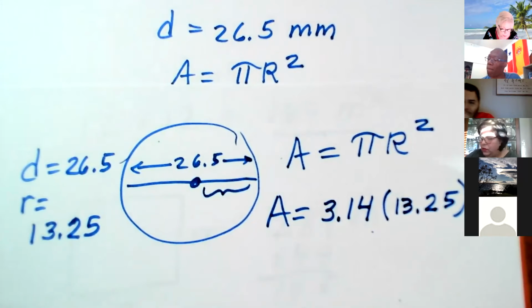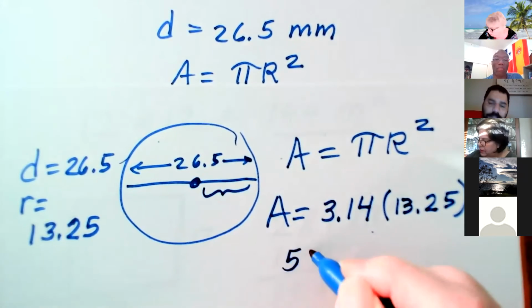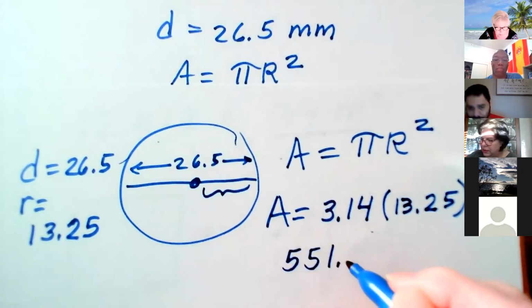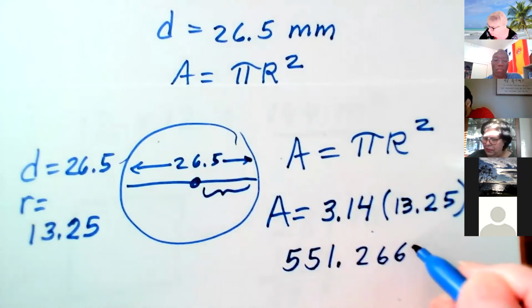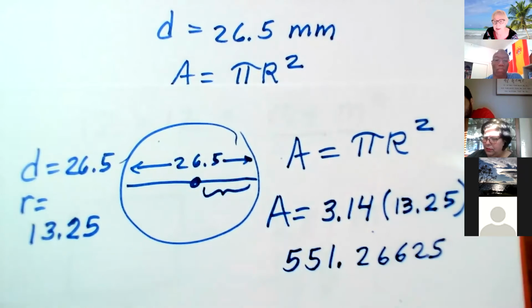I've got 13.25 squared to 4 decimal places. Now I'm going to multiply it by 3.14. And my answer is 551.26625. That's the calculator answer.